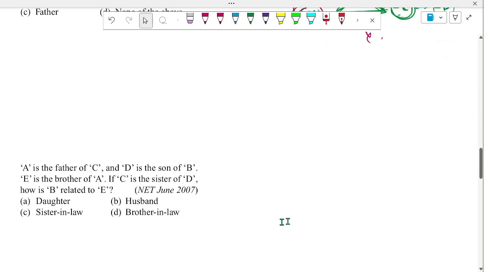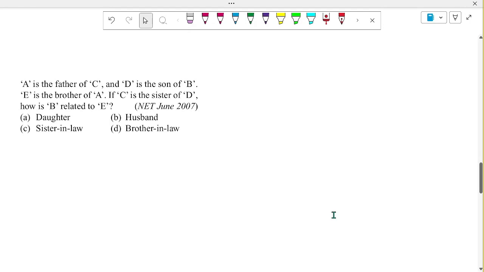Now just try to solve the second question. Just go on reading step by step. A is father of C. So the first statement says A is father of C. Just draw the diagram.